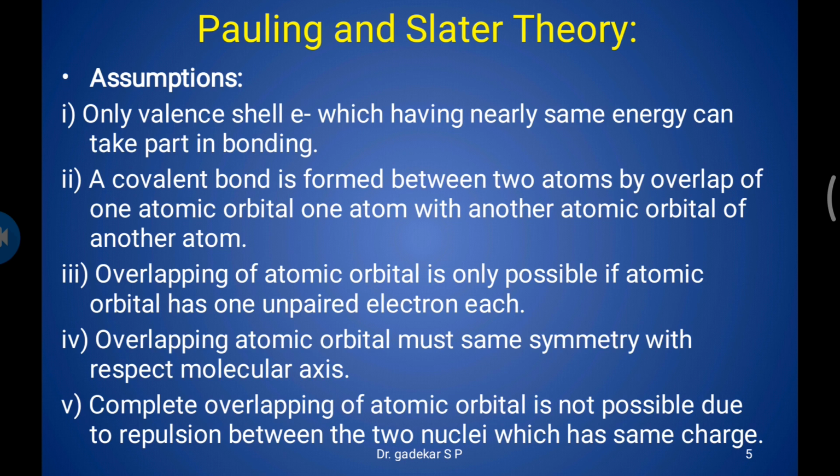And the fifth assumption is that complete overlapping of atomic orbitals is not possible due to repulsion between two nuclei which have the same charge. Okay, suppose a chlorine molecule. Two chlorine atoms are present. One atom has a nucleus containing positively charged protons. The other chlorine atom also has a nucleus with positive protons. So positive-positive repulsion.